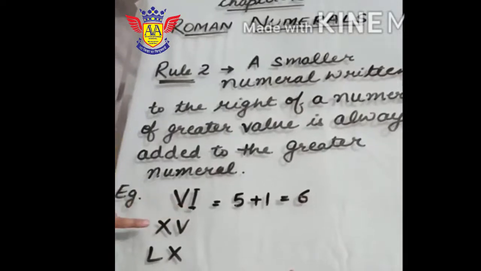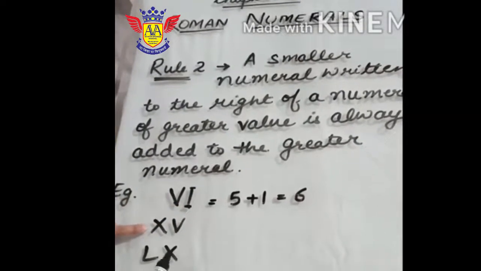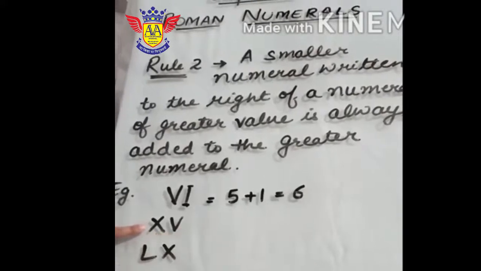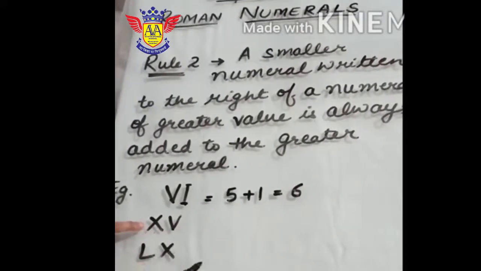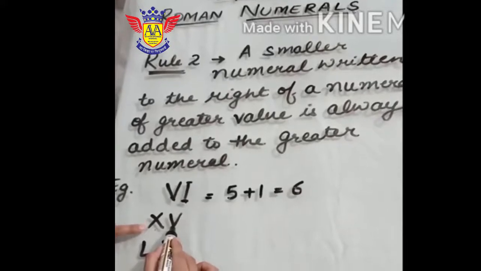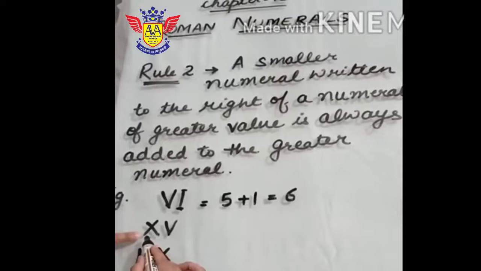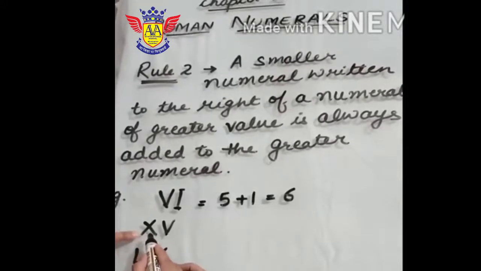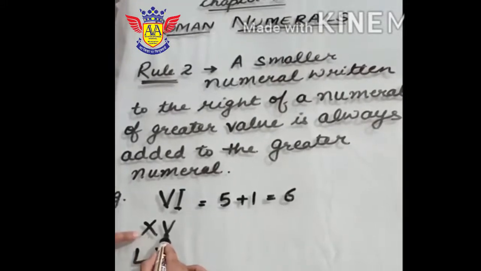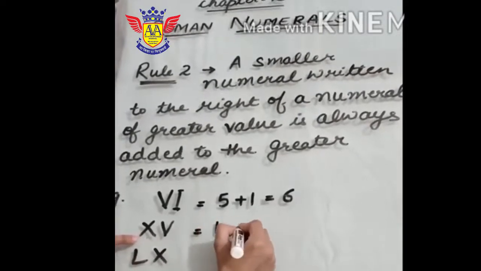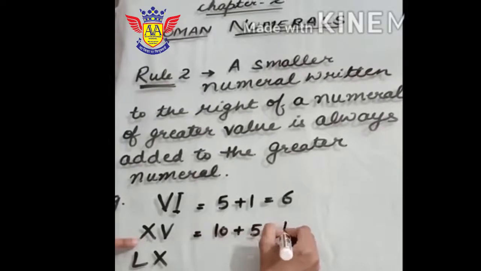Now we do one more example, like this, X and V. We know that V stands for 5 and X stands for 10. So V is a small numeral. It is written on the right side of a greater numeral in comparison to X. So we will add this small numeral to the greater numeral. Means 10 plus 5 equals 15.